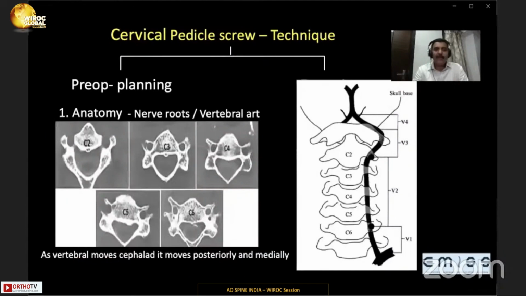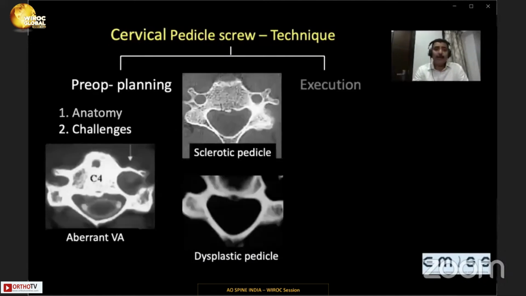There is normal variation also as we move proximally from caudal to cephalad in the cervical spine. The vertebral artery foramen moves posteriorly and medially, which essentially means that the dimensions of the pedicle become smaller as we go from inferior to superior. Also, the angulation will change more medially as we go from inferior to superior. So these points should be remembered.